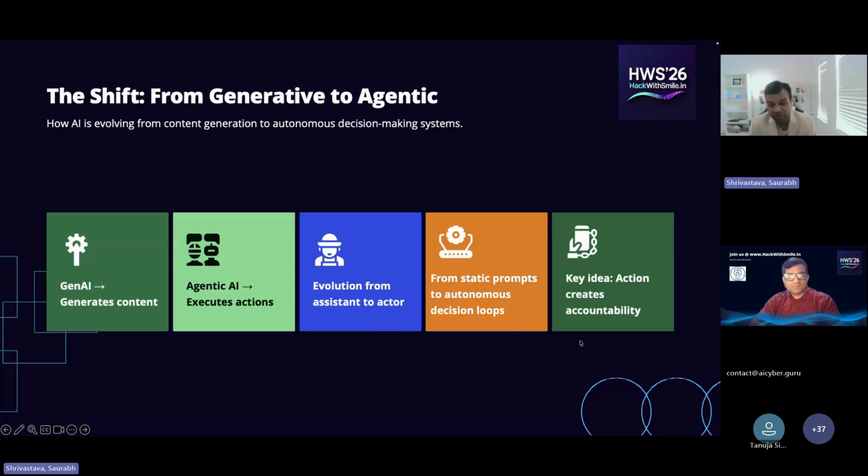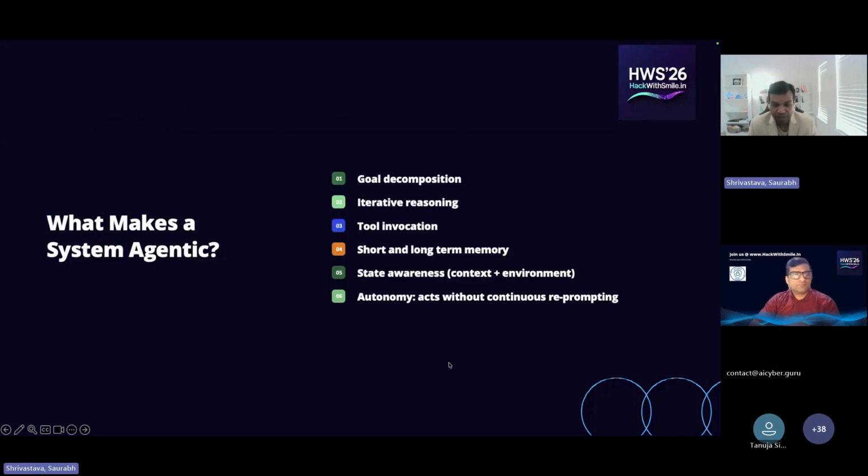I will talk about some examples of how it takes that autonomous decision loop, not only taking action but becoming accountable. So you see this evolution throughout the last 2 to 3 years, and every month at least I see evolution on that.